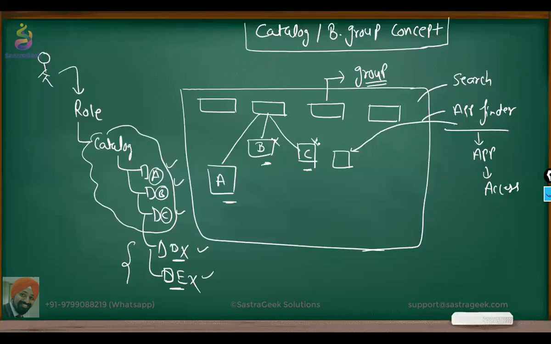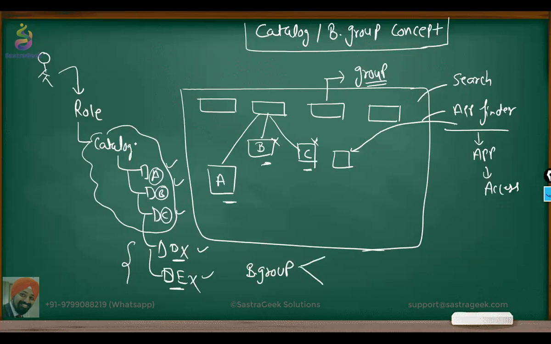What you can do, if a user is working on both sales and procurement, is this: there would be a separate catalog for sales and a separate catalog for procurement. You can create a business group and combine the applications.